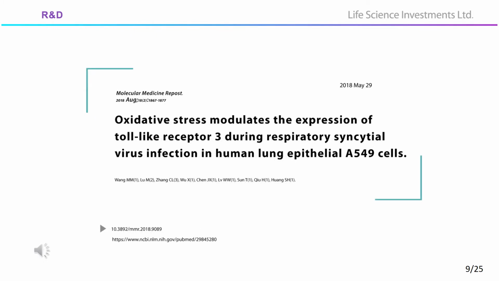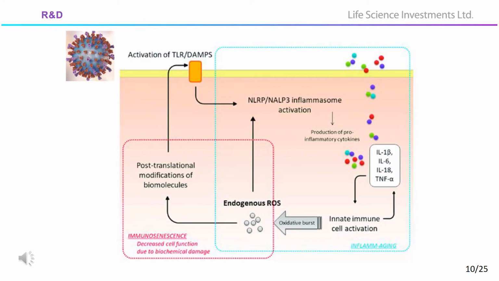The previous paper was reporting an interesting property of superoxide dismutase in the regulation of innate immunity, but not explaining it. And in this paper, we have this explanation. Here it is.